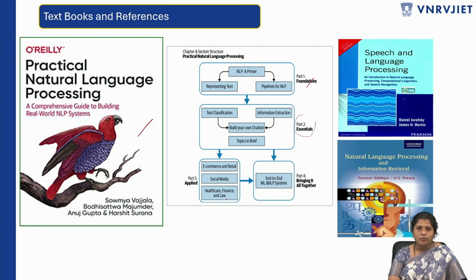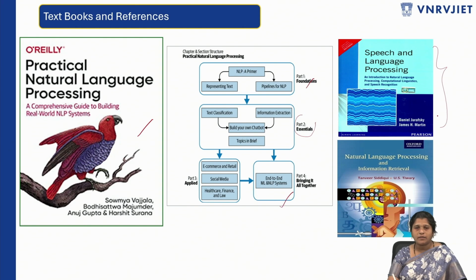Part 3 involves how NLP is used for e-commerce, retail, social media, healthcare, finance, and law applications. And at the end, how we build an NLP chatbot or an end-to-end system with the use of these NLP techniques, bringing all concepts together in the form of a chatbot application.